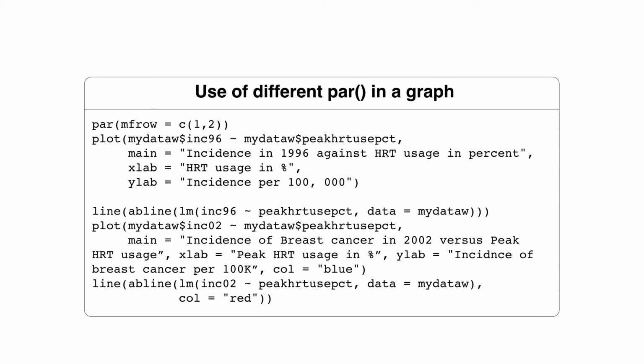Then you issue the command about plotting. Look here, what we are going to do is put 2 plots side by side. So we specify the first plot, which is incidence in 1996 against peak HRT use percentages, with the usual bells and whistles about the title and the labeling of the X and the Y. Then we have put a regression line, and in the next we wanted to see incidence rates in 2002 against peak HRT use percent and put the regression line.